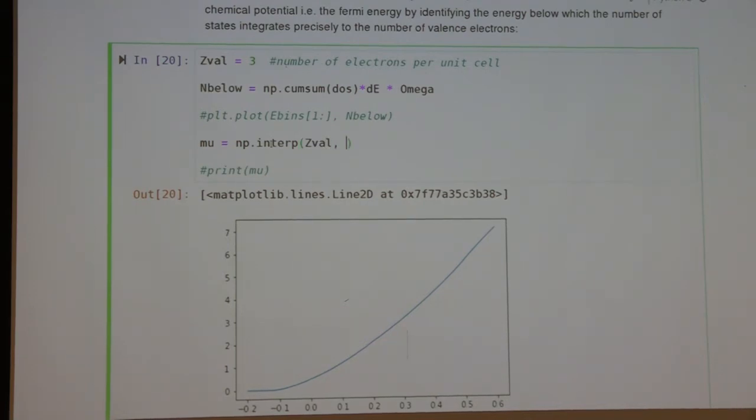I'll make n below my x-axis, and I'll make this E bins 1 my y-axis. So I'm basically taking x and y and then interpolating that to this value of x. So that will just give me the energy corresponding to that value of Z.